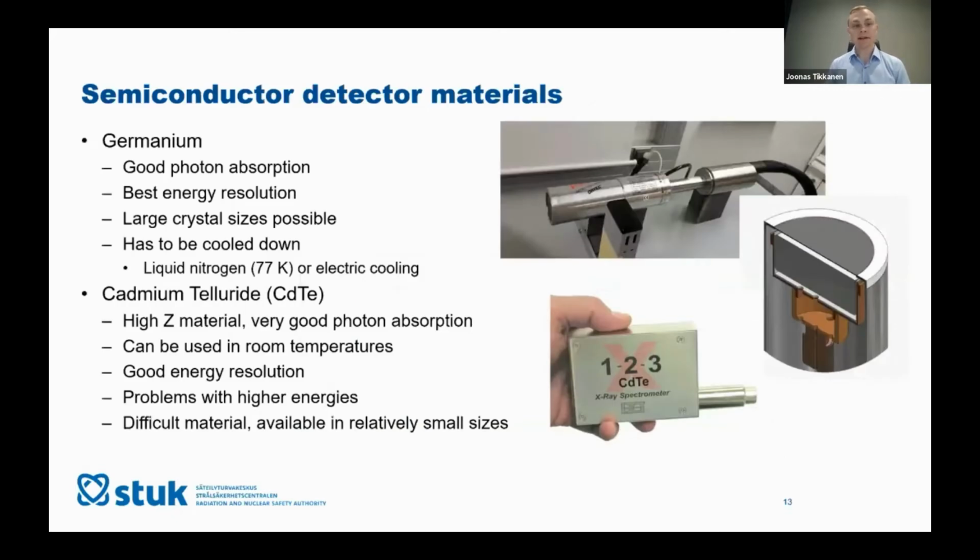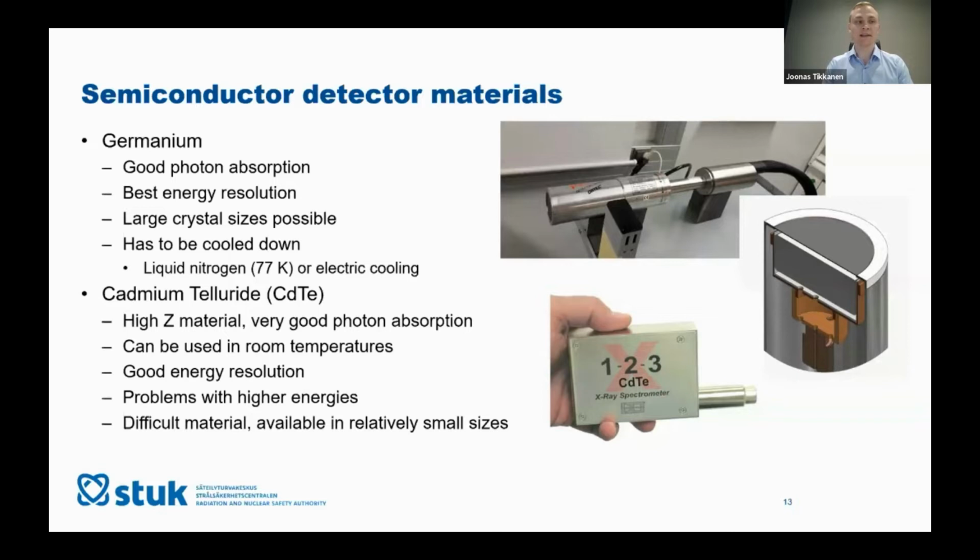Then when we are measuring the spectrum, we need some spectrometer with which we measure the spectra. And for this purpose, semiconductor detectors are, I think, solely used at the moment. The most common one is the germanium. It has multiple good sides, for example, a good photon absorption and very good energy resolution.